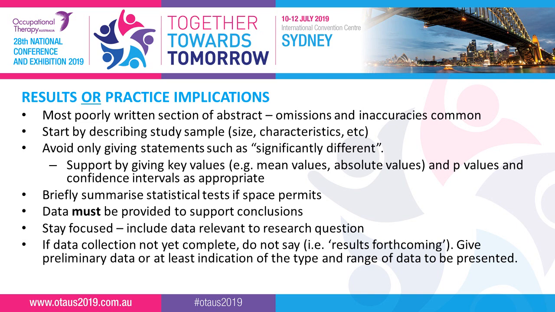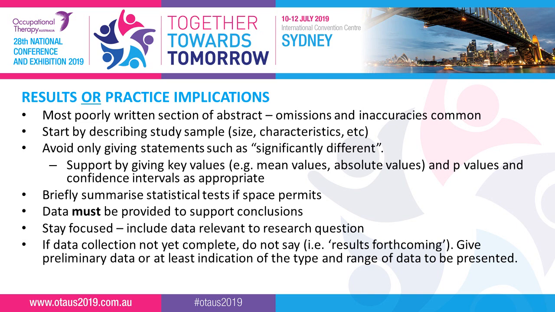The data that's presented in this section must be there to support the conclusions that come later. One of the other areas that people fall down on is that they will overstate their results in their conclusion, or their conclusion will include things that can't be backed up with what's presented in their results.